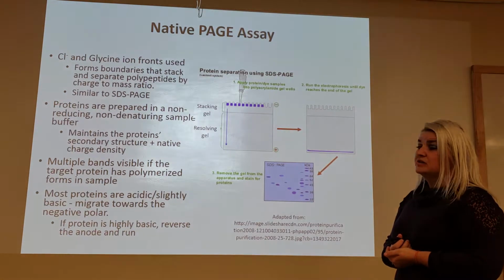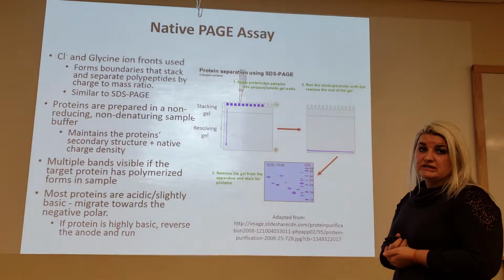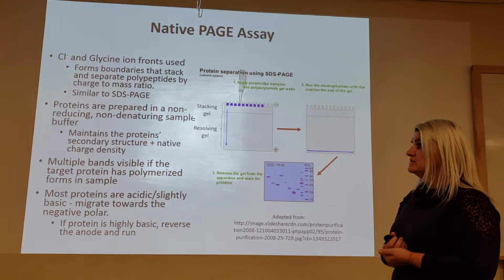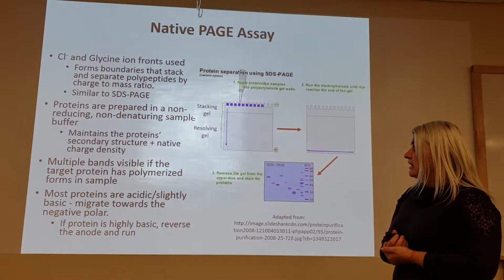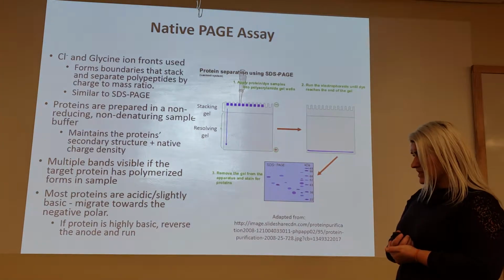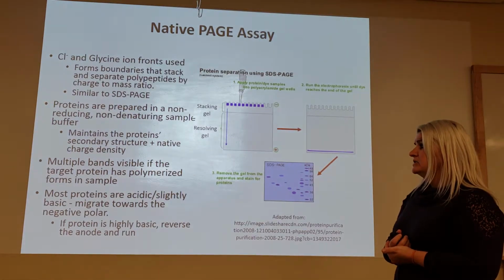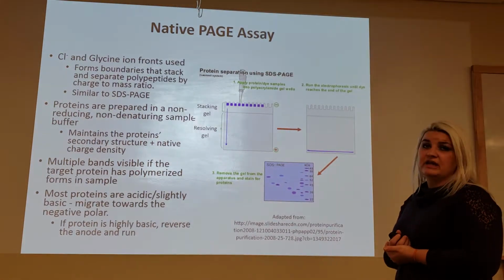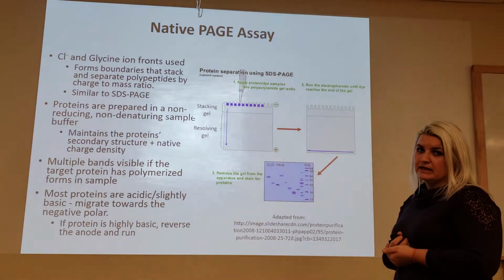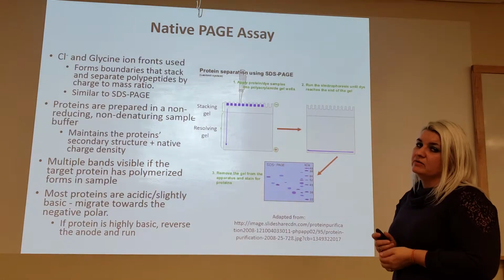This maintains the protein's secondary structure and the native charge density. Multiple bands are visible if the target protein has polymerization forms in the sample. And most proteins are acidic and slightly basic, so they will migrate towards the negative pole. However, if the protein is highly basic, then one will need to reverse the anode and then run the gel.